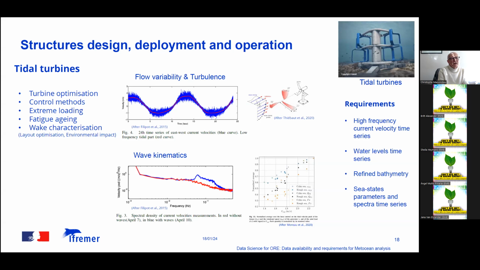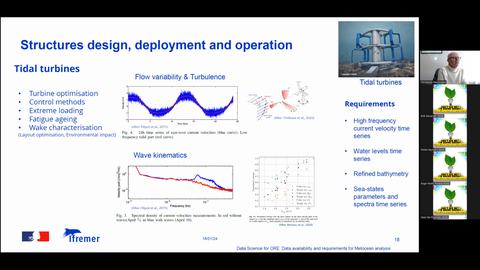And we shouldn't forget about the waves, because these tidal turbines usually are deployed in, I would say, intermediate waters, where the impact of waves and the wave kinematics can be measured very low in the water column. So it might impact, and it will impact, the turbines themselves.